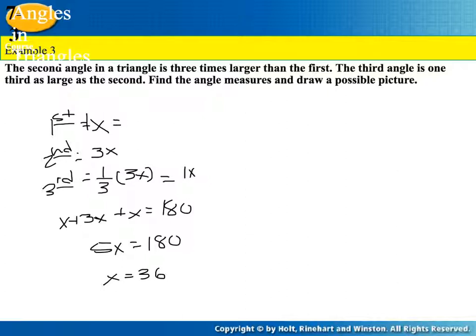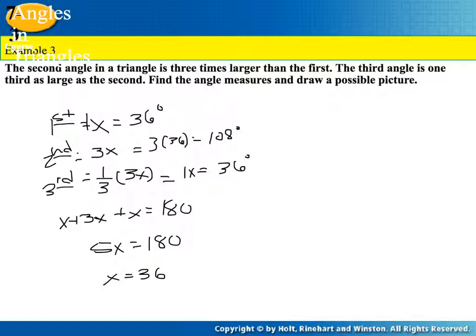So my angle measures are 36 degrees. My second angle measure is 3 times 36, and you get 108 degrees. Last one, 1 times x, is 36 degrees. So I have a 36 degree angle, a 108 degree angle, and a 36 degree angle.